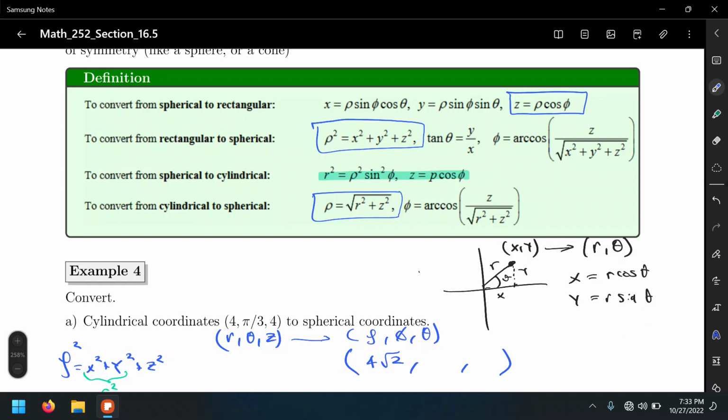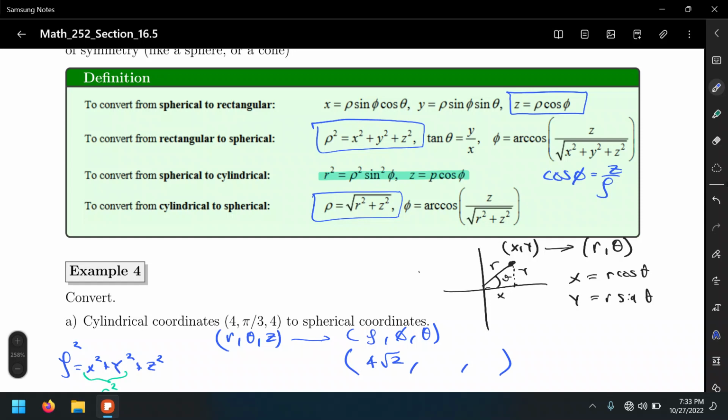If we rearrange, cosine phi is z over rho. But what's rho in this case? Isn't it the square root of x squared plus y squared plus z squared, which is all this madness here? See how all these formulas are related one way or another?